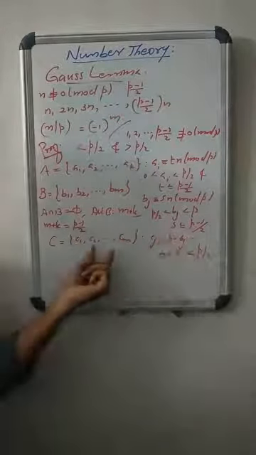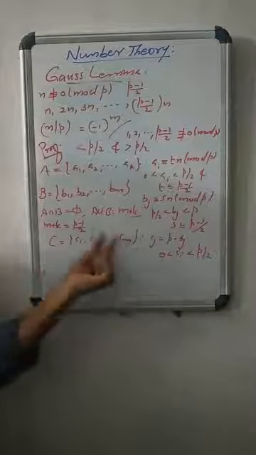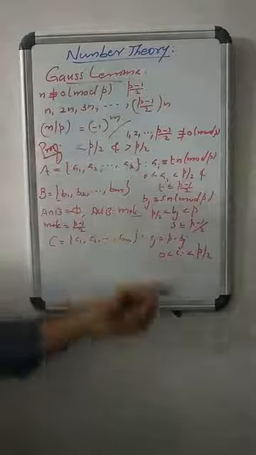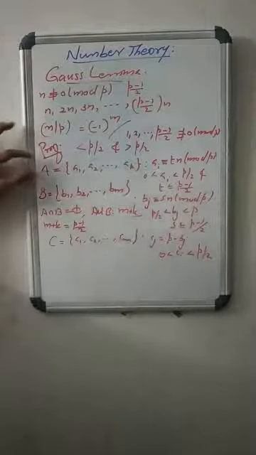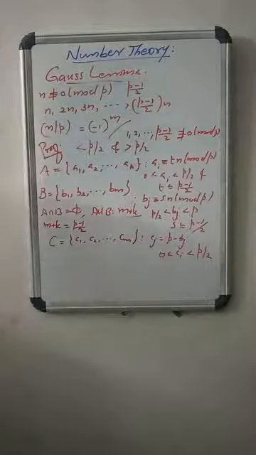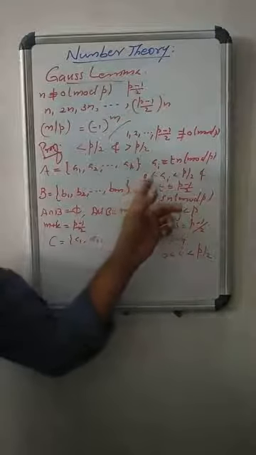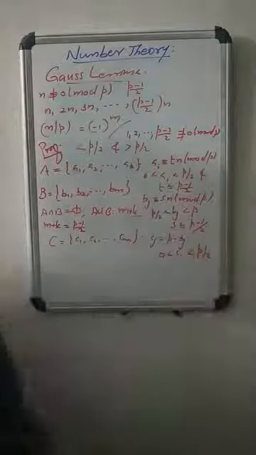Cj equals p minus Bj. So these Cj's and the elements of A lie in the same interval, the interval 0 to p/2.